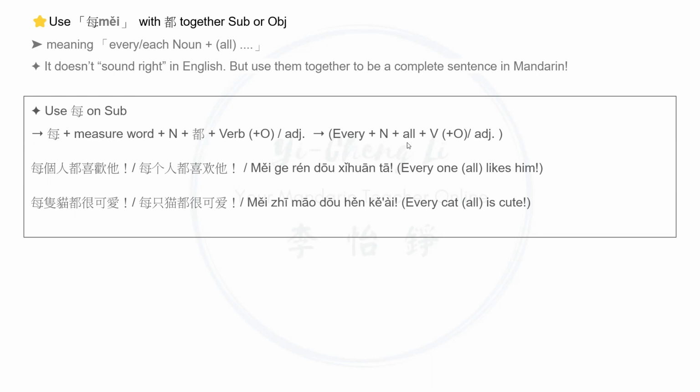Again, the all translation here is pretty odd in English, because you have every, then why is it all? If you use each, then why is it all here? That's why you don't really need to translate it, but I will still put it here in case it helps you remember the structure in Mandarin.